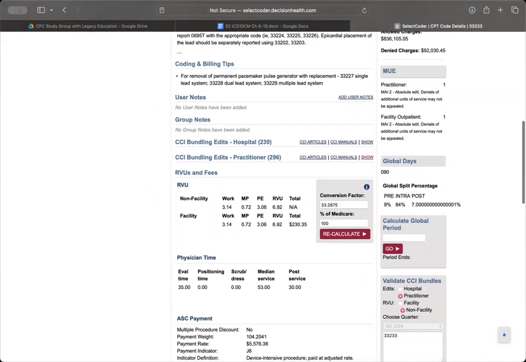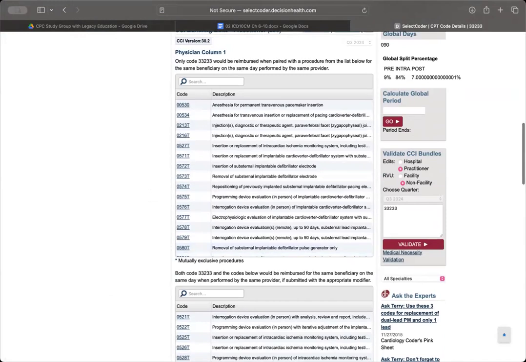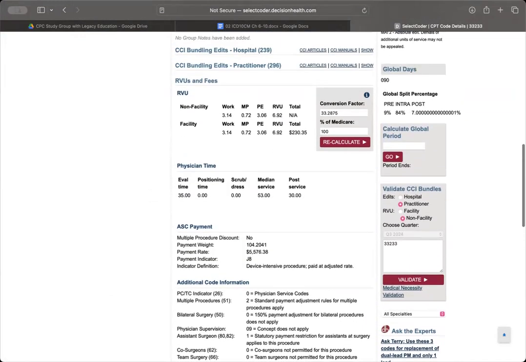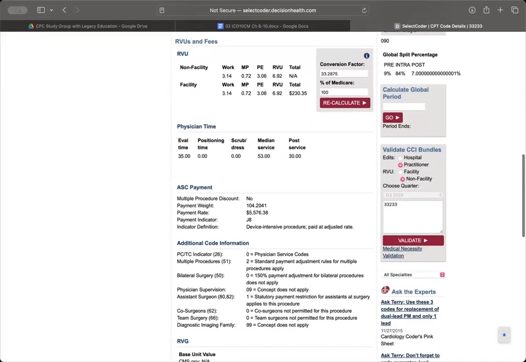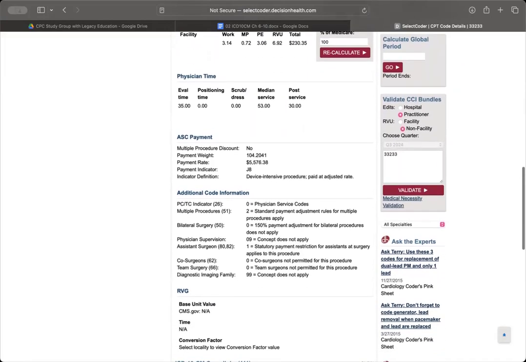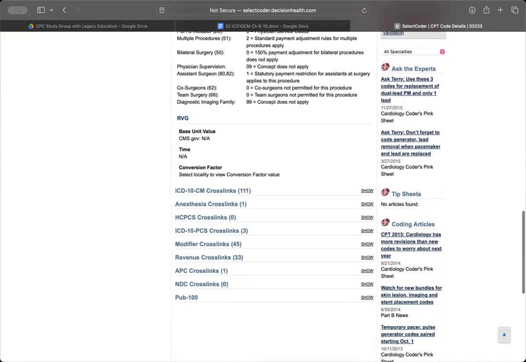Then you can see those NCCI bundles for whether or not you should be coding certain procedures together if they're included in other procedures. It also shows you those RVUs, so it's going to help you with sequencing. And then you will have ASC payments and code information. These are going to be based on your RVU files, your PCTC indicator, bilateral surgery indicators, all of that kind of stuff. And then the really nice thing is it gives you your anesthesia crosslinks if you subscribe to it.